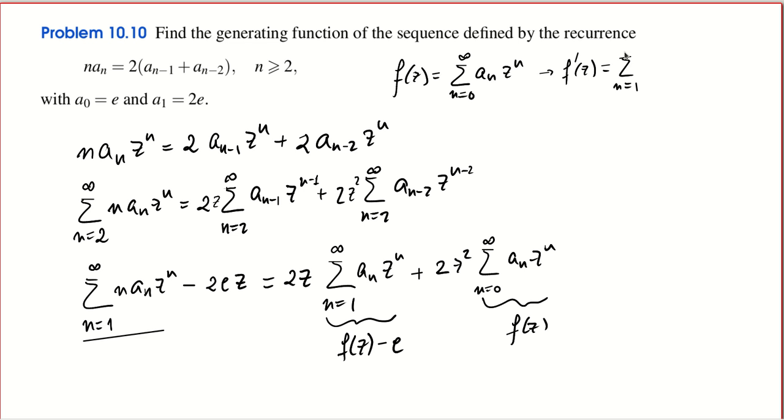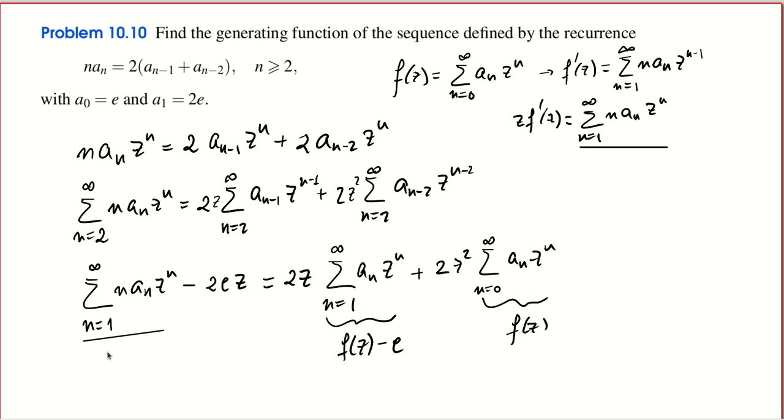So we have the sum from 1 to infinity of n a_n z^(n-1). Now, if we multiply this by z, then we have n a_n z^n, because this n compensates for this n minus 1 that we have there. And this is the sum that we have here.